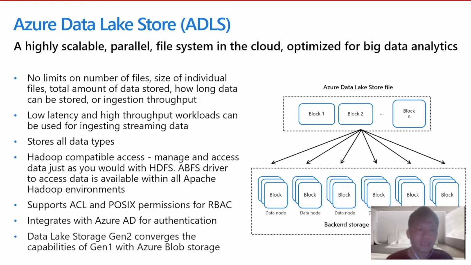It is Hadoop compatible, meaning it has something that looks like HDFS, right? And in Gen 2 there is also a driver that allows you to access it. That means all the Apache Hadoop environments can actually access data in Gen 2.